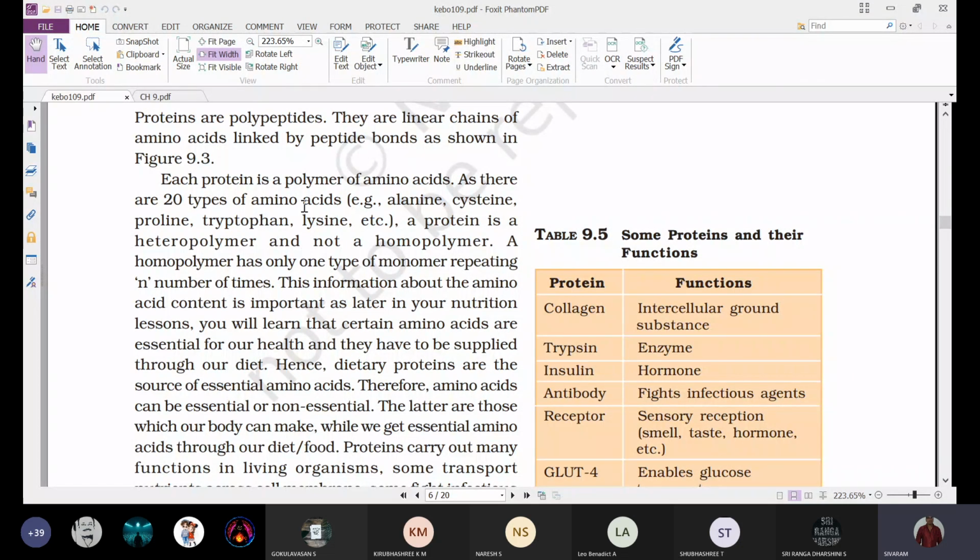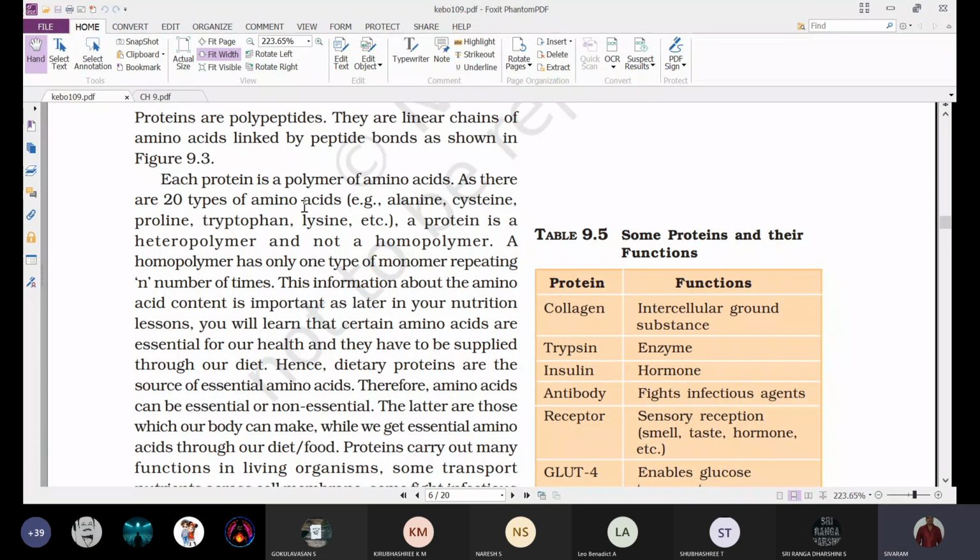What are essential amino acids? The amino acids which are not synthesized in our body, which cannot be synthesized in our body, and these amino acids have to come only along with the diet we take.